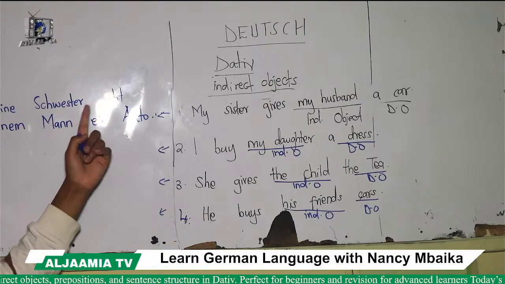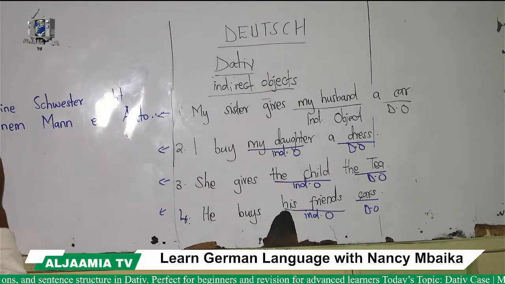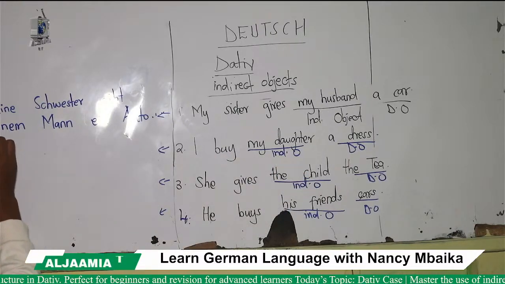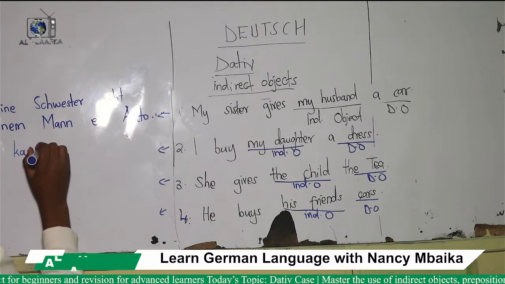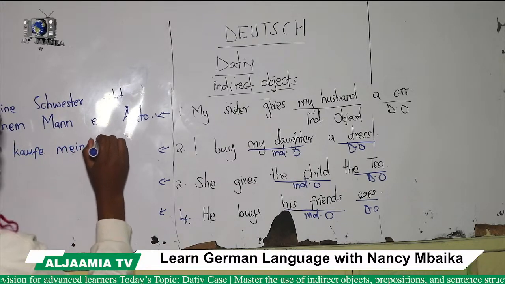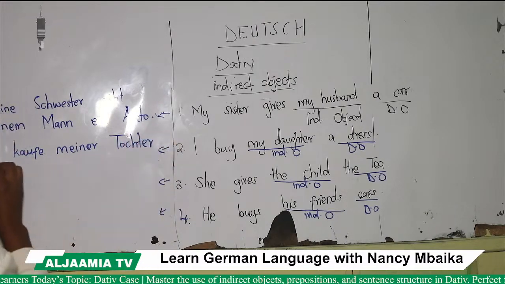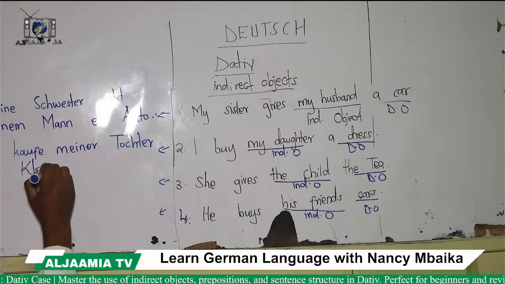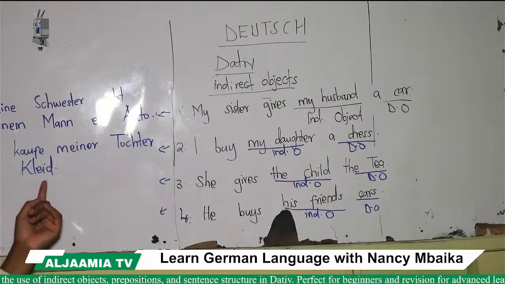Meine Schwester gibt meinem Mann ein Auto. The second one, I buy my daughter a dress. Ich kaufe meiner Tochter ein Kleid. Ich kaufe meiner Tochter ein Kleid.